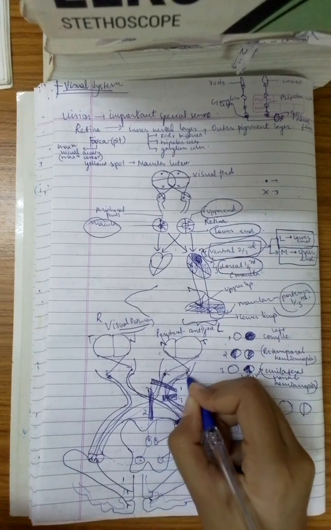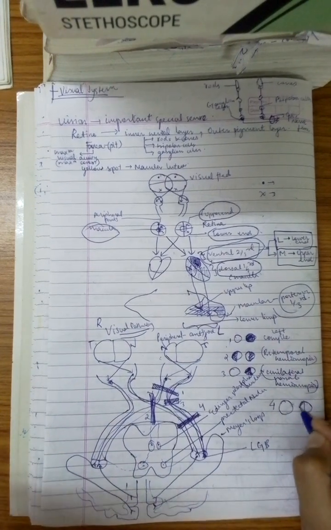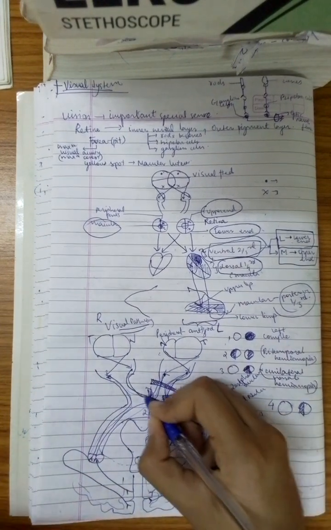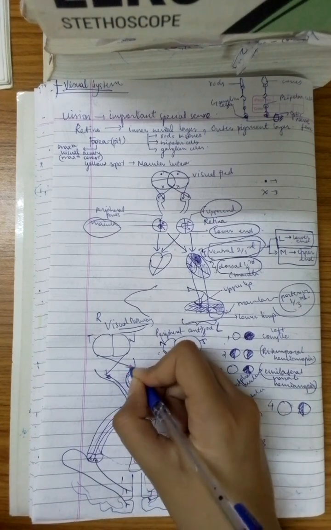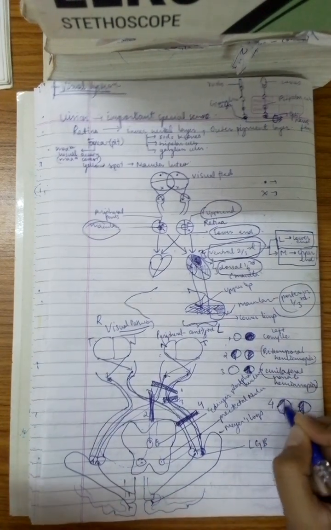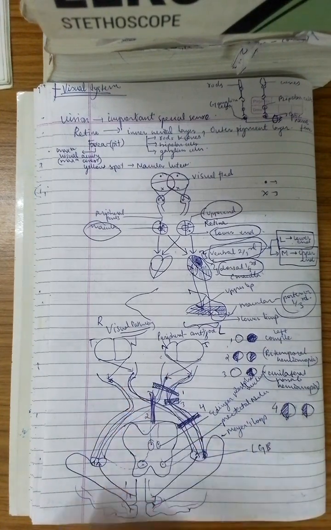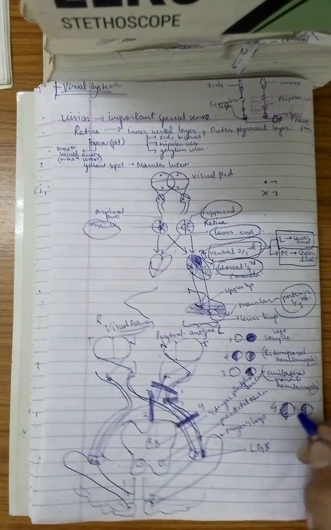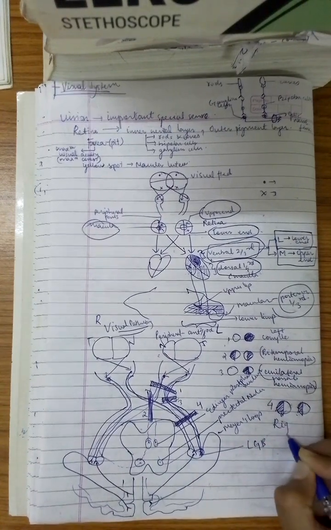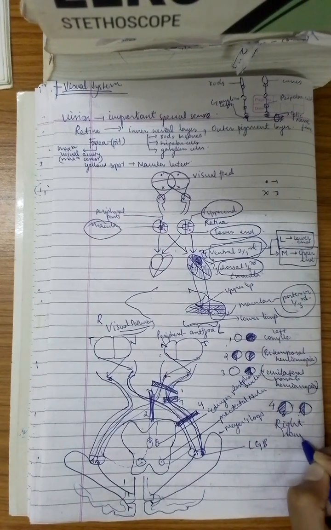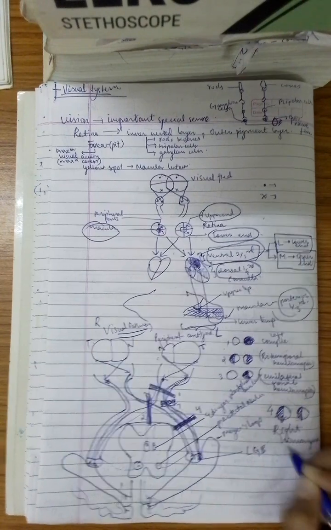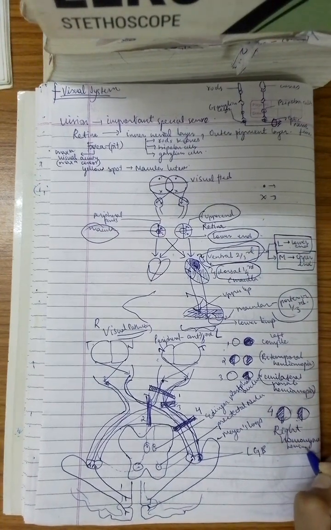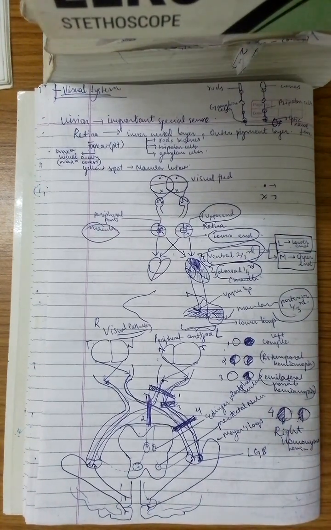Temporal fibers of the same eye, that is the nasal field of vision of this side, is affected, and the nasal fibers of the other eye are affected. That means the temporal field of vision of that eye is affected, right? You can trace like that and see. So this is to the right side. So this is right homonymous hemianopia. The rest I will be doing in the next video.